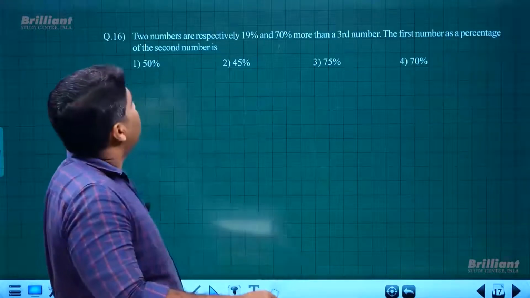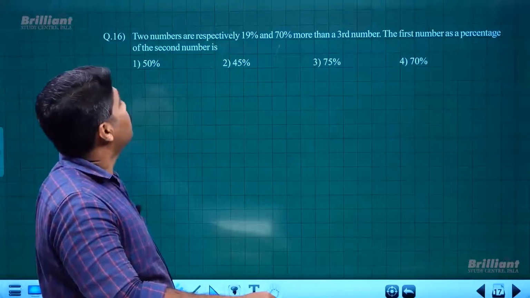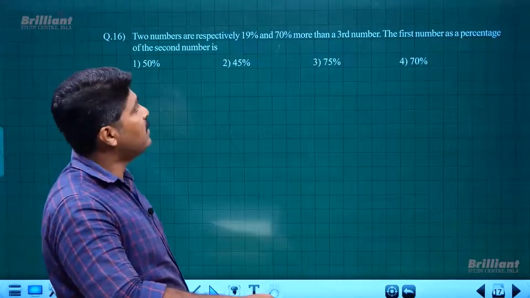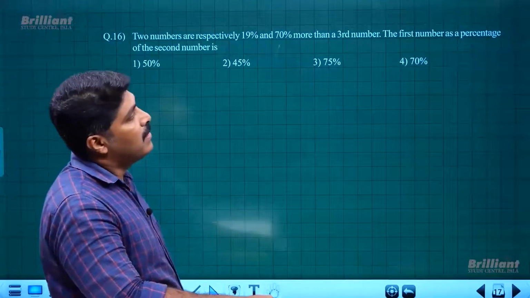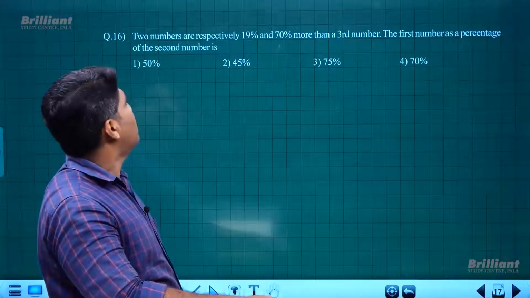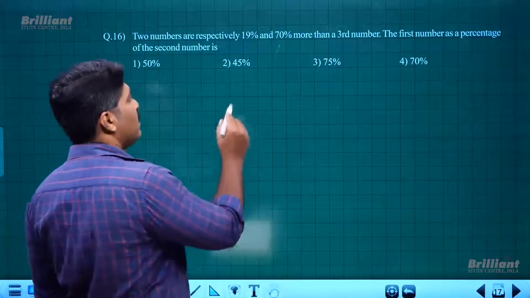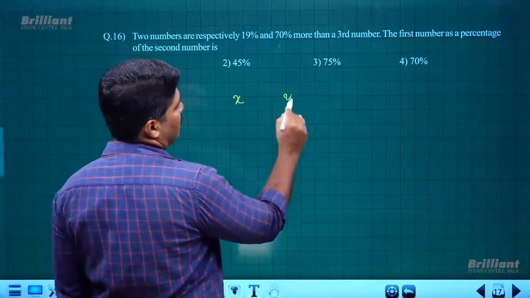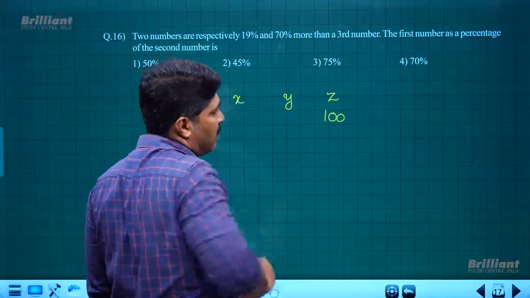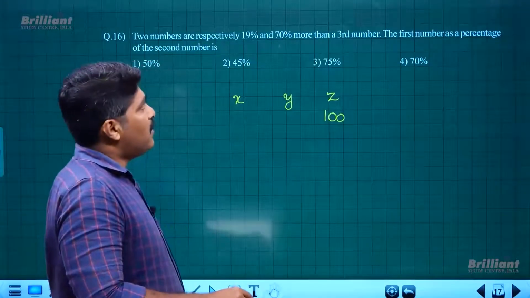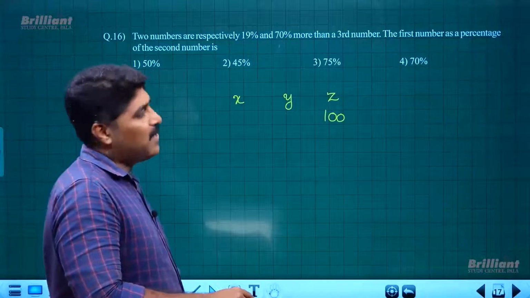Great. Two numbers are respectively 19% and 70% more than a third number. The first number as a percentage of the second number? Here we just consider three numbers, x, y and z. I am assuming the third number as 100, because the rest of the numbers are compared with the third number.